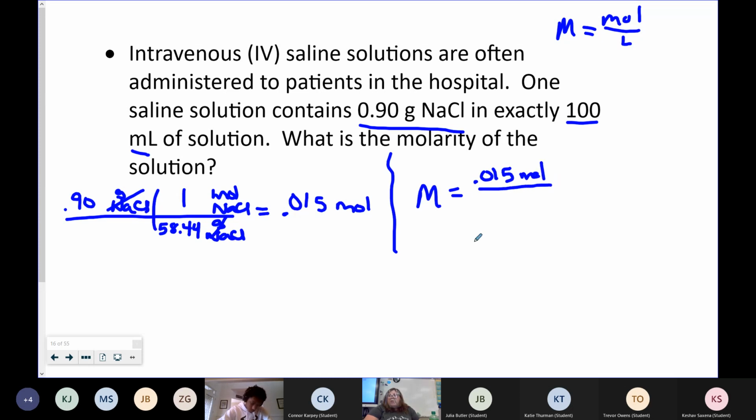And then, molarity is moles over liters, but it gave me 100 milliliters. Remember, milli, those are our metric prefixes. If you remember way back in Unit 1, we did the King Henry died by drinking chocolate milk.